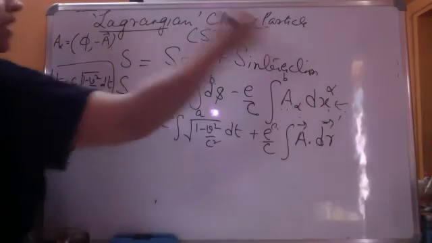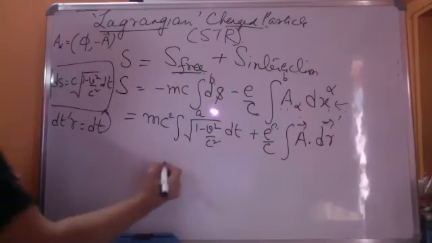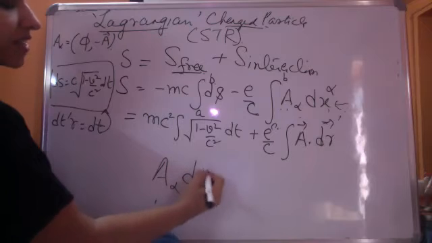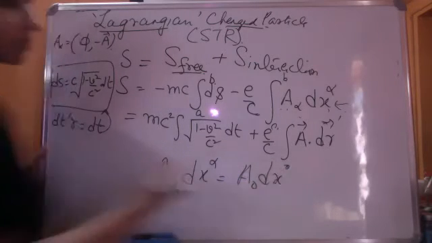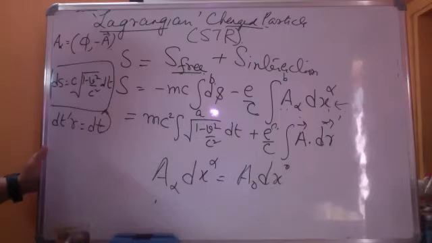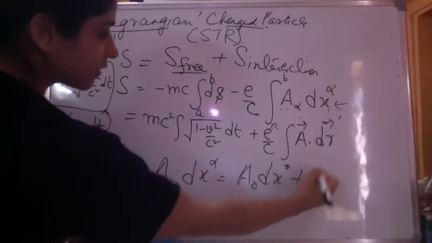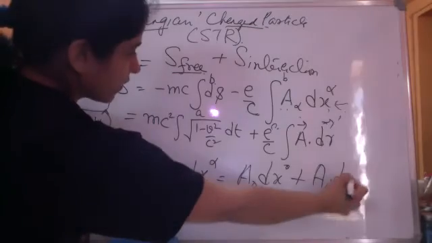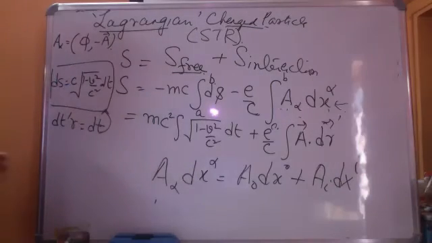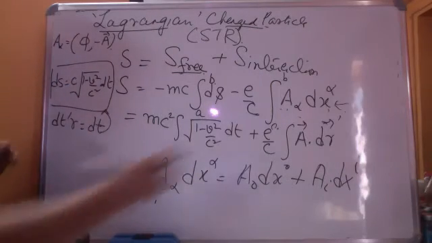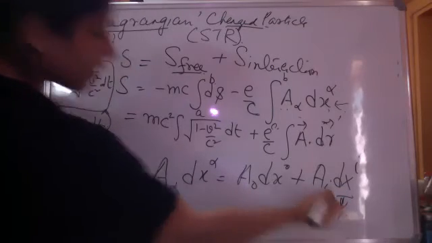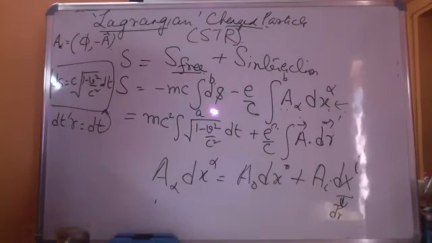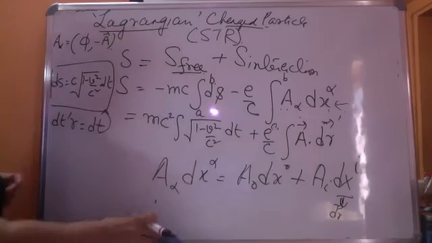So A alpha dx alpha is a scalar. So its components will be a0 dx0 and ai dxi. I'm just substituting that. dxi is my vector dr and ai is my vector a.